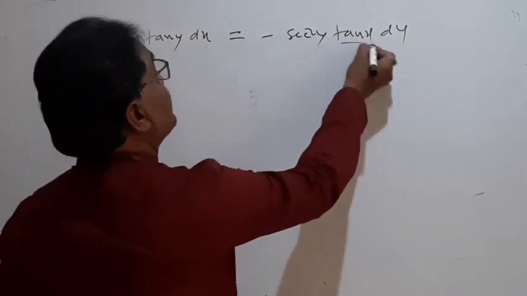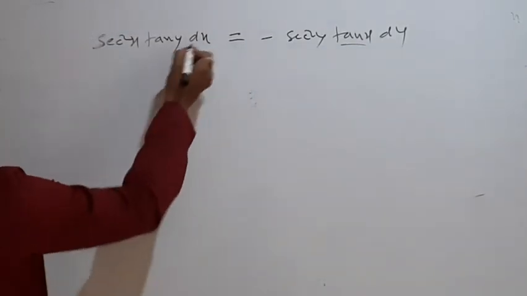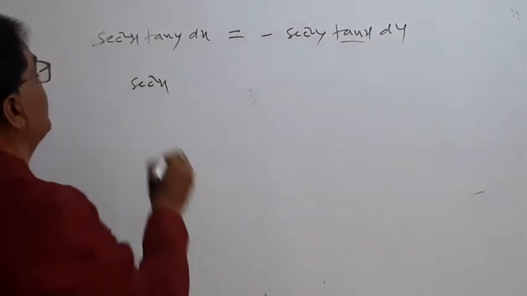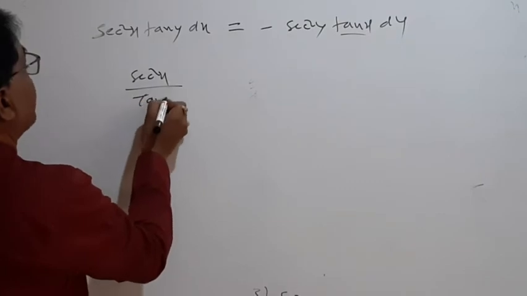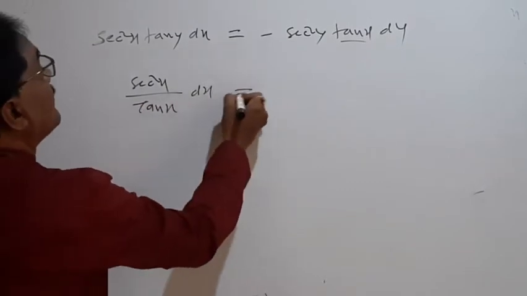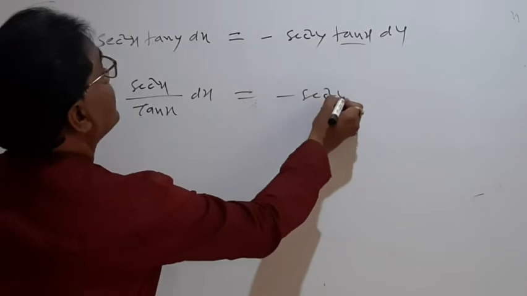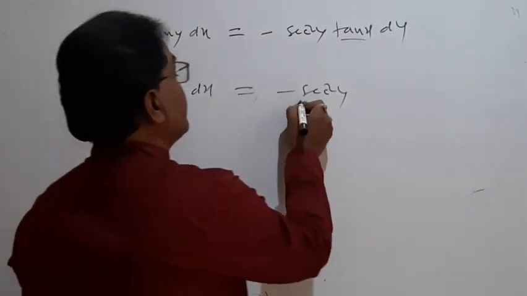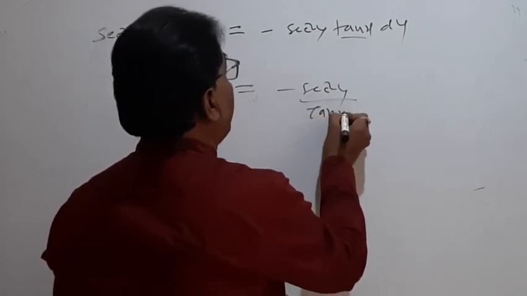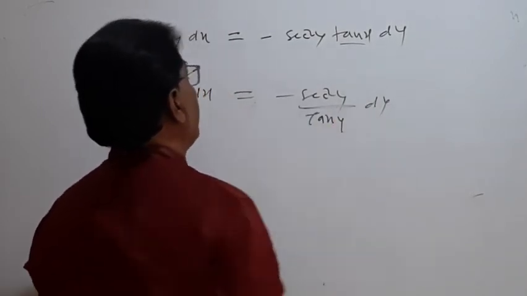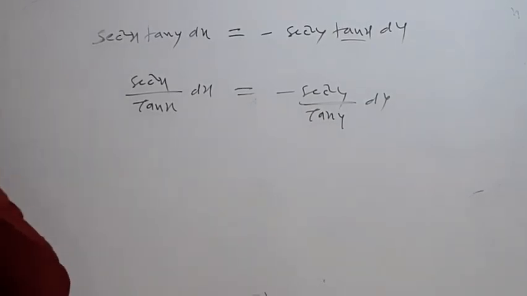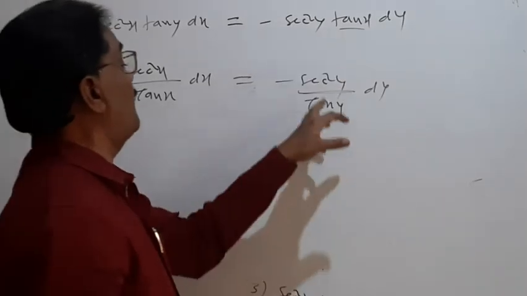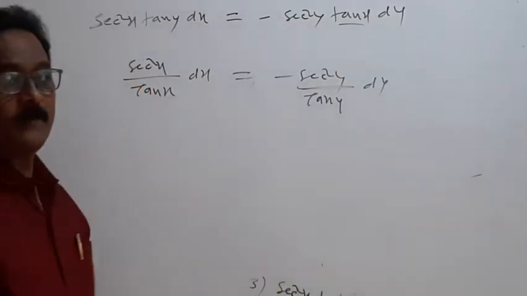The term tan x goes to the denominator, so sec square x upon tan x dx is equal to minus sec square y, and tan y goes to the denominator, sec square y upon tan y dy. So this is the variable separable form: sec square x upon tan x dx and minus sec square y upon tan y dy.